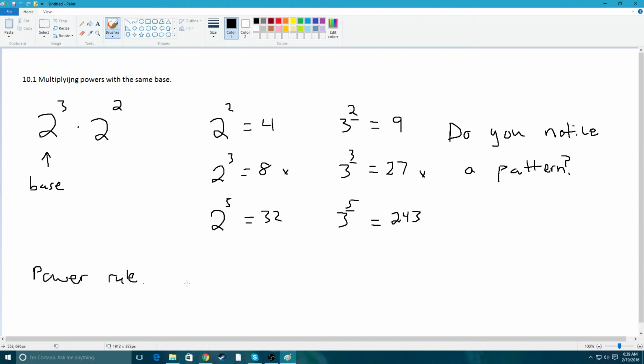A power rule says if you take two numbers with the same base, so any number a to the n power times the same number a to the m power, you can simplify it by combining the exponents, the n plus m power. The reason for this is, let's say we have a to the second times a to the third.